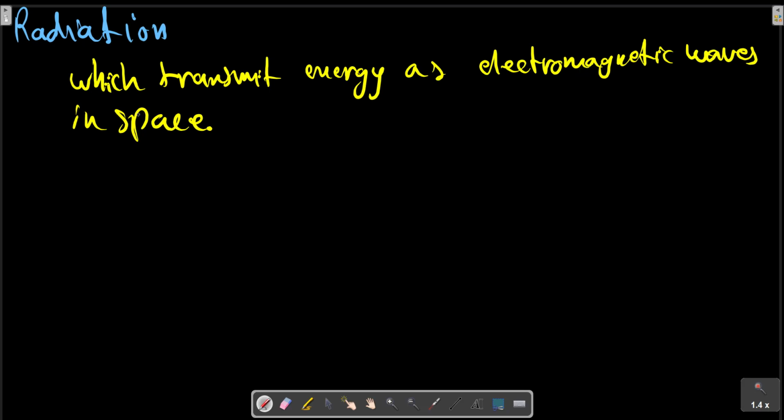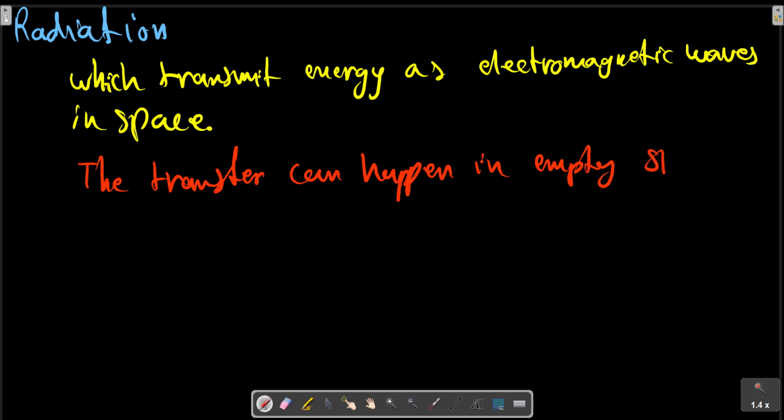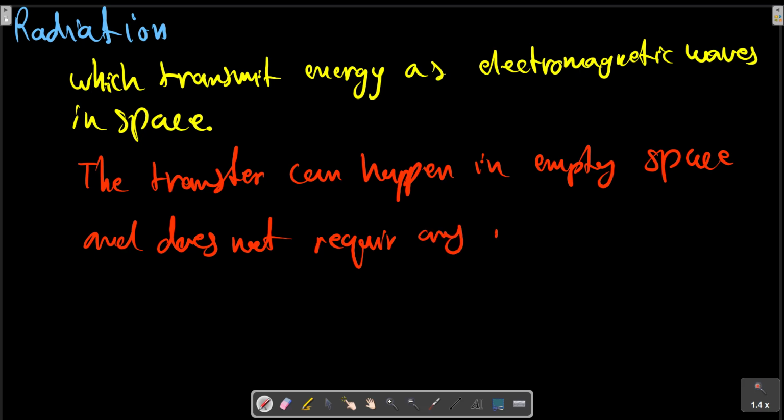The transfer can happen in empty space and does not require any matter, but the emission of the radiation and the absorption do require a substance.